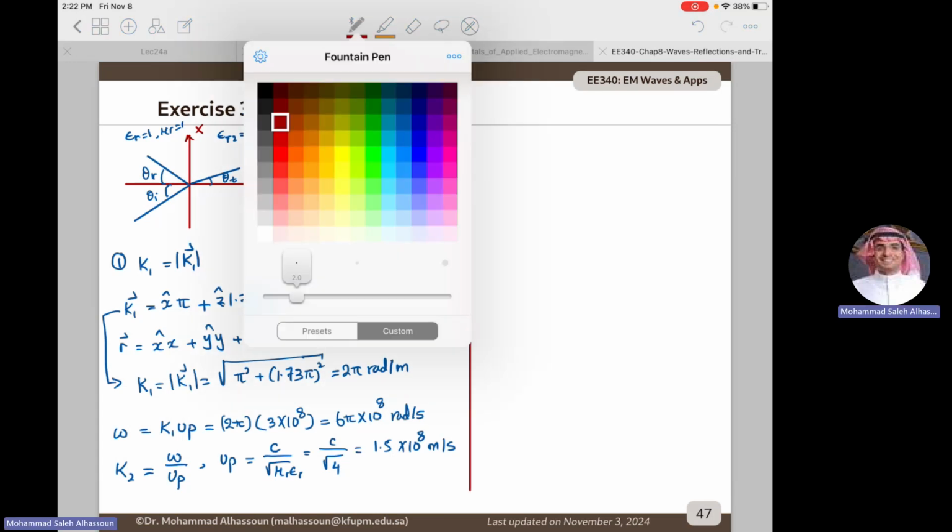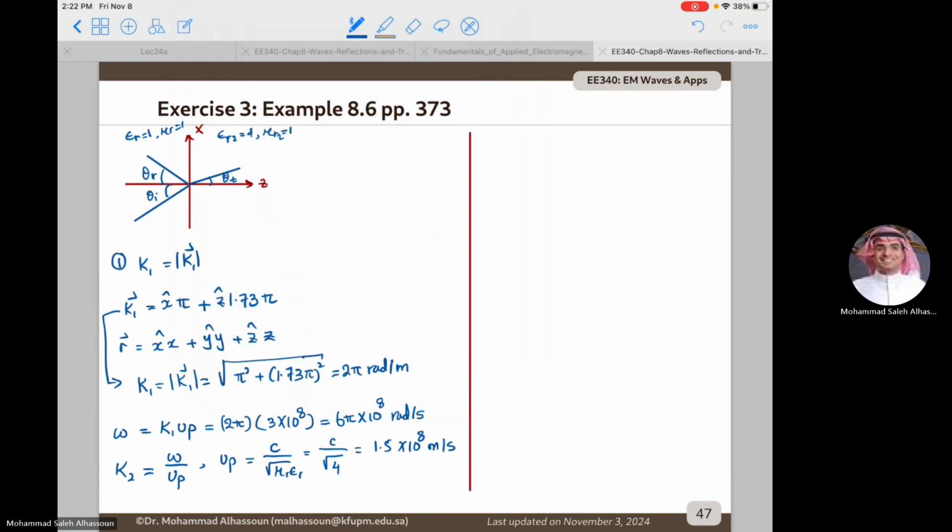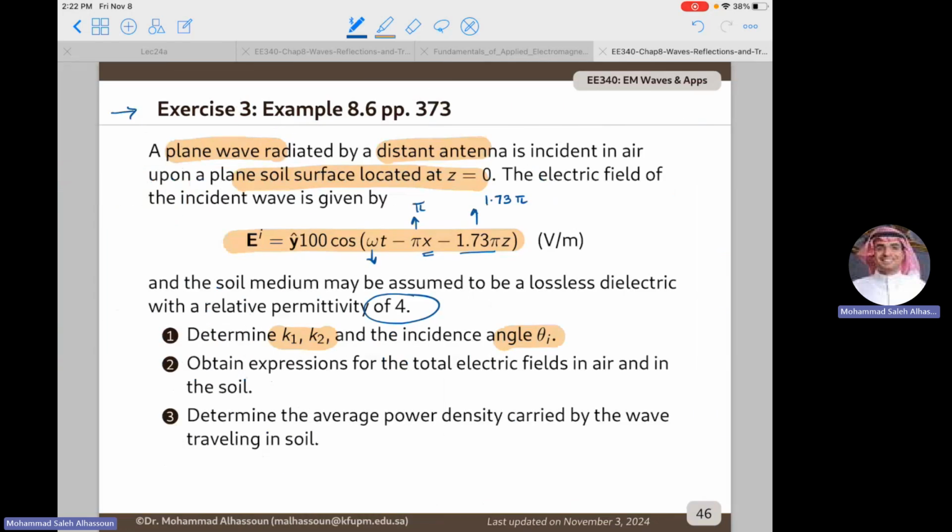Excellent. So K2 is omega, which is 6 pi times 10 to the power 8, divided by 1.5 times 10 to the power 8, and K2 is 4 pi radians per meter. So now we found K1 and K2.